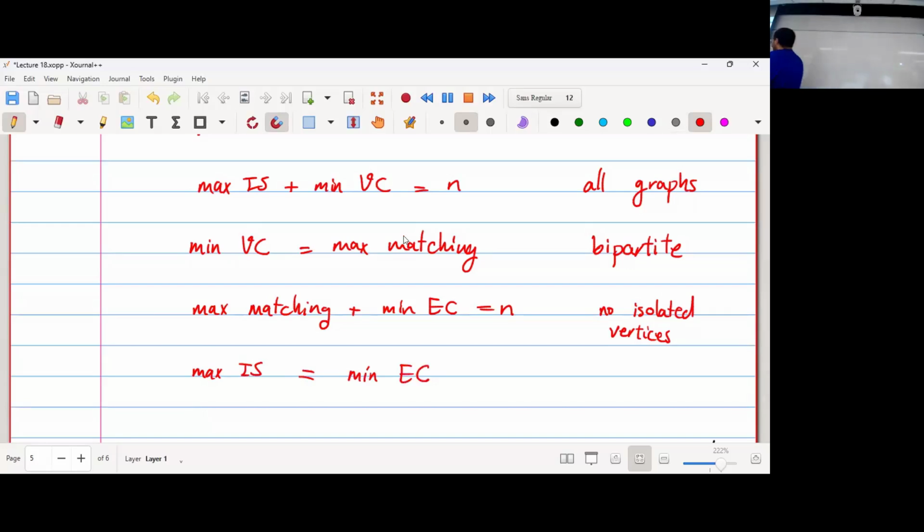What graphs should I put here? Bipartite with no isolated vertices. Why?